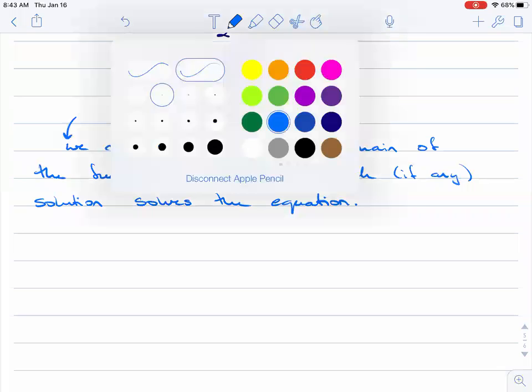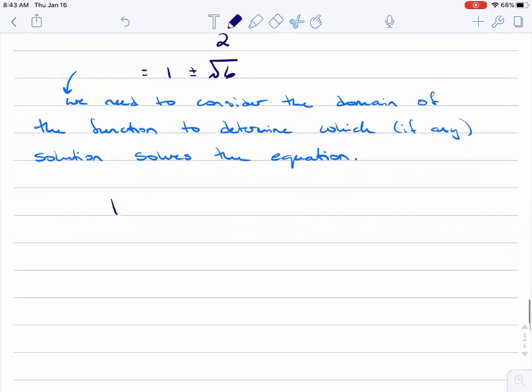So remember, we had the natural log of x minus 2 plus the natural log of x is the natural log of 5.